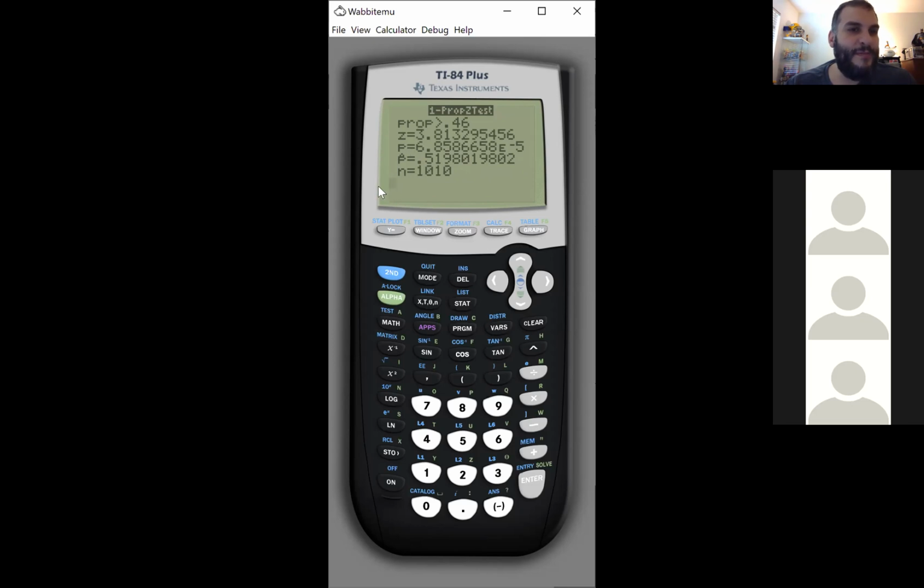If you move 5 places over to the left, you should get 0.000068. And that's it for the TI-84. Any questions for the TI-84? Okay, so let's go back to my notes where we can finish off this problem.